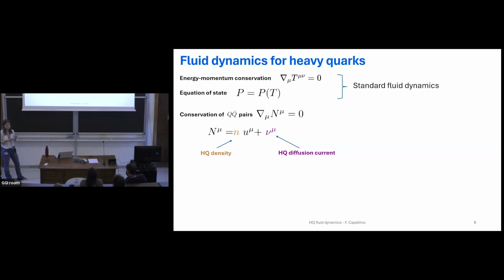Therefore, this charge is effectively conserved. And we can write a current associated to this charge that is conserved. And the way we write this current is this. So we decompose it in a part that is parallel to the fluid four-velocity u^mu via the heavy quark density. And then we have what we call the heavy quark diffusion current that is orthogonal to the fluid four-velocity.